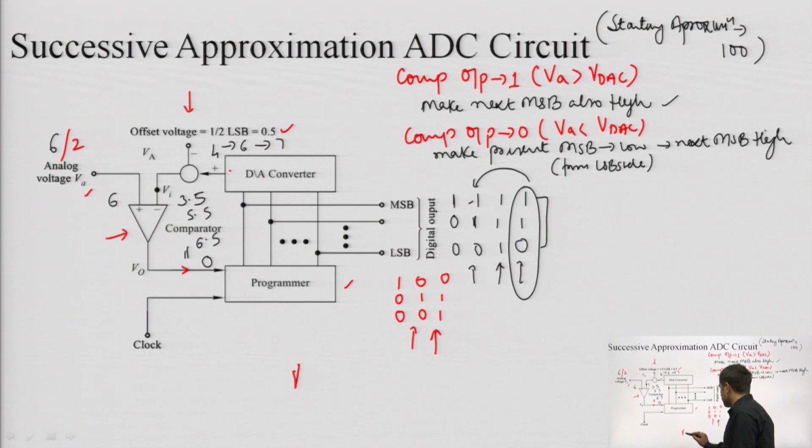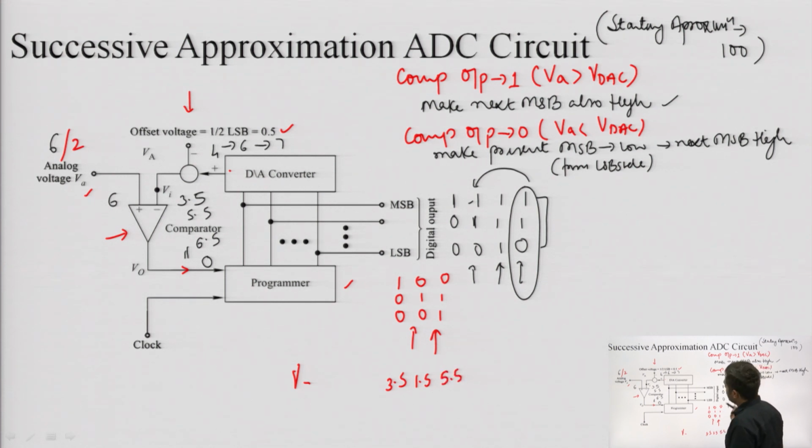I am writing the negative voltage here. So at the starting point it was 3.5, then it became 1.5, then for this 110, after subtracting 0.5, it becomes 5.5.